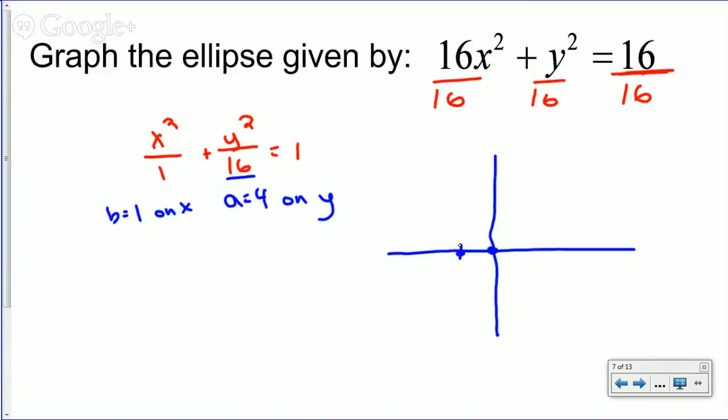We're at minus 1 and positive 1 on the x, and plus 4 and minus 4 on the y. So then we can draw our curvature on there.